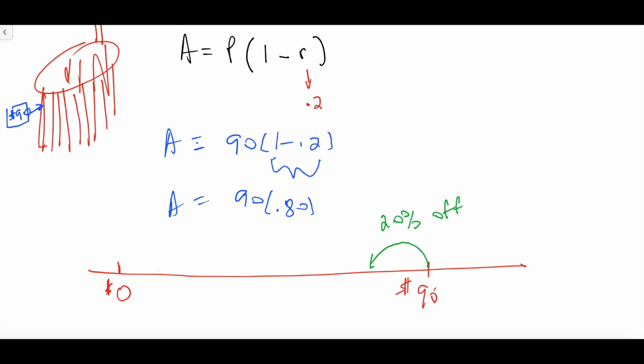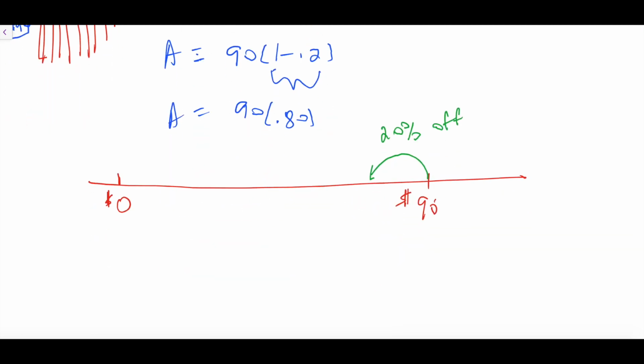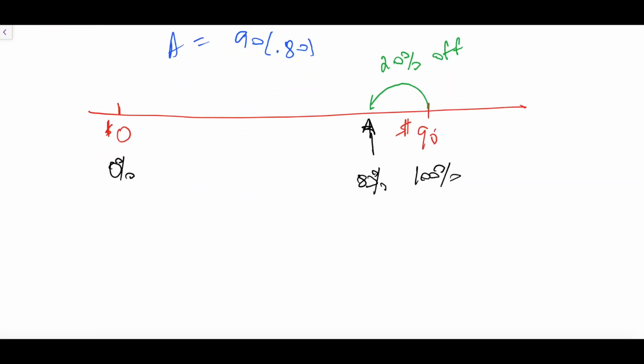So look, this is 100%, this is 0%, this is 80% of 90. If I just said, hey, what's 80% of 90? Use yesterday's skills. What is 80% of 90? We would do 90 times 0.8.